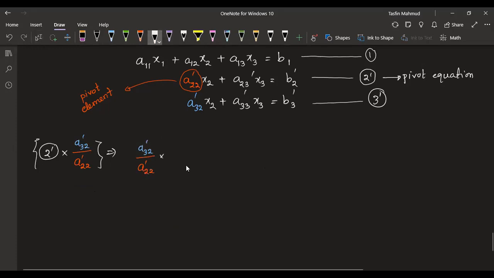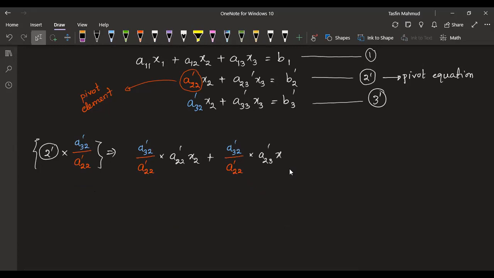We have a22 prime x2 plus a23 prime x3, and the constant term would be multiplied as well into b2 prime. Here similarly these coefficients get cancelled out. So we are doing things in a pattern.